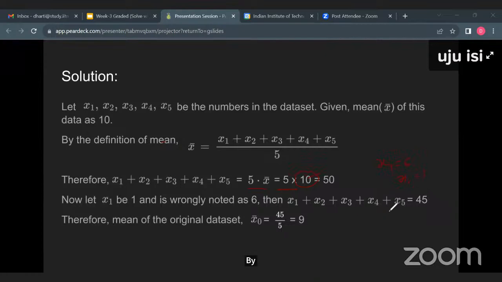The 6 was the mistaken value and x1 equal to 1 is the original value.